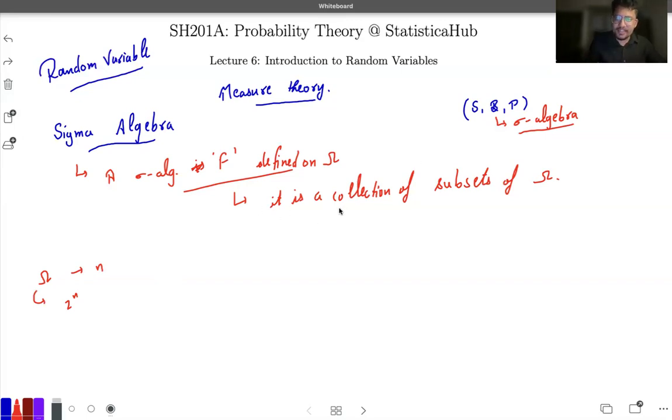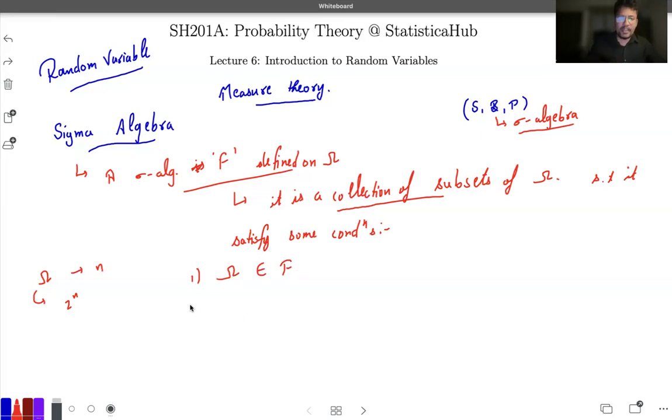So it is a collection of subsets such that it satisfies some conditions. Okay, and what are the conditions that we have to take into consideration? The first condition is that this omega must belong to F, the sigma algebra.